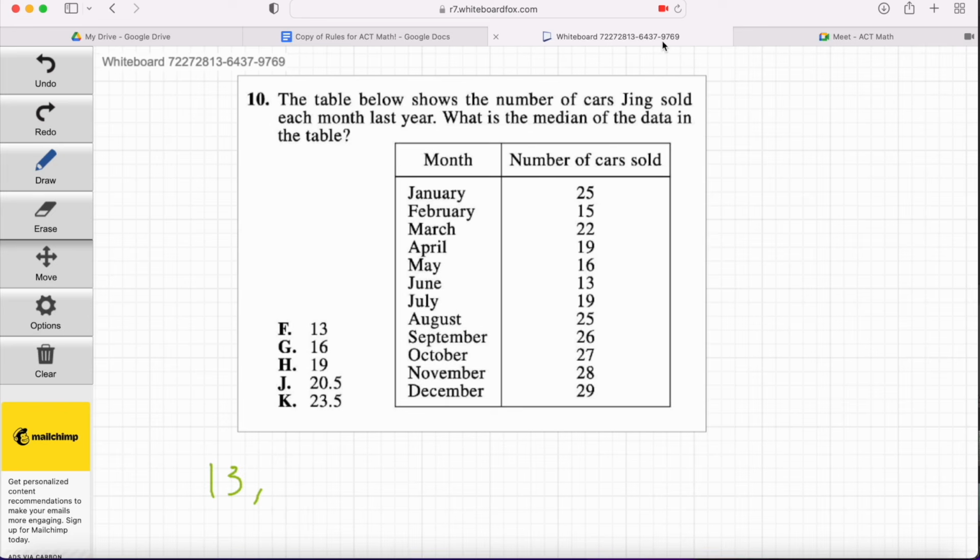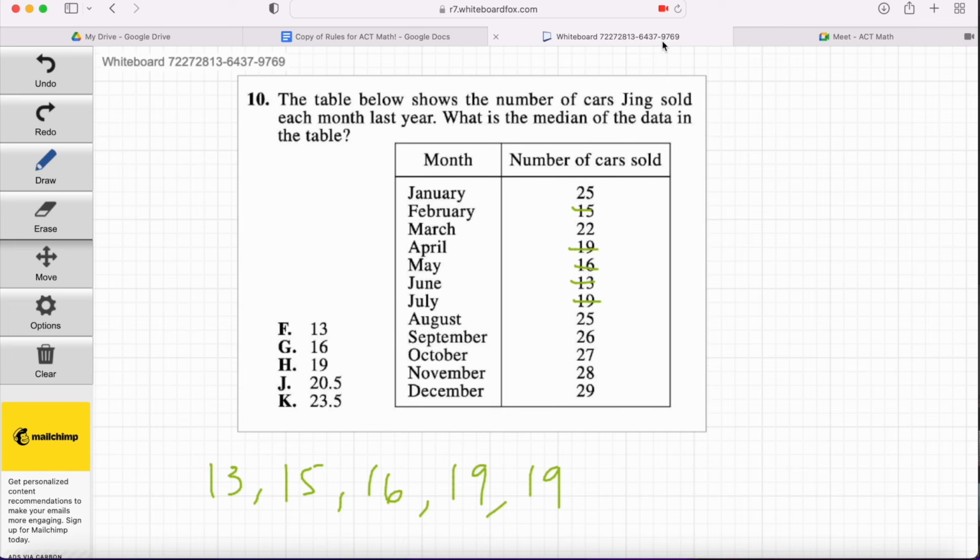Yep, then 15. And once we've got those, I'm going to cross them out. So we got 13 gone, we got 15 gone. 16. 16 gone. What's next? 19? 19. Yeah, there's two 19s. Oh, there's two 19s. So we got to put 19 twice, though. Yep. Okay. 19. Because I think we got 12 months, so we're going to need 12 values altogether.